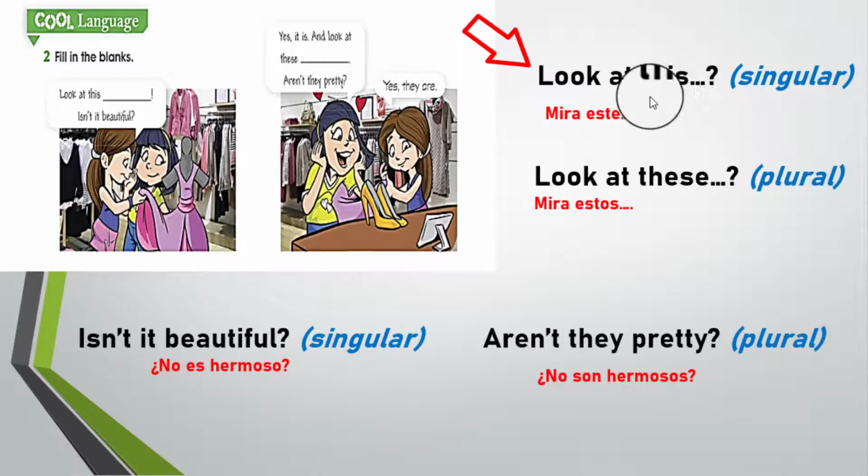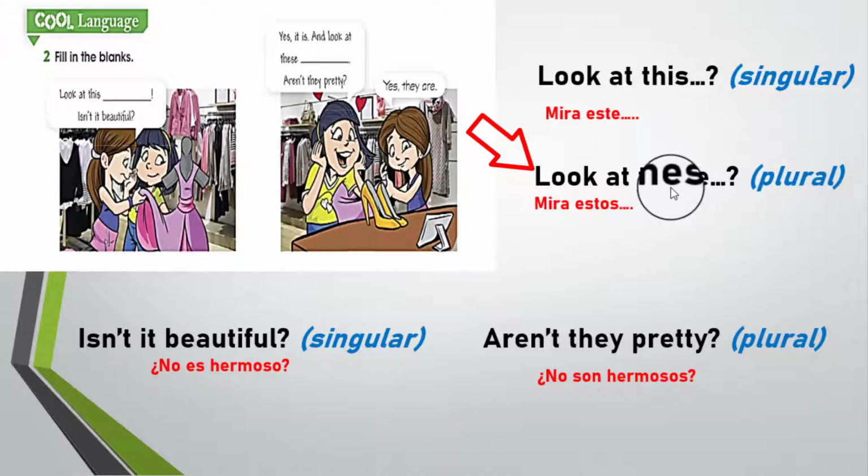Look at this television, ¿no? Ahí está, en singular. Ok, tenemos el look at this. Ok, por acá, pay attention. Look at this. Aquí alargo un poquito la I para decir this. Aquí es this, a secas. Aquí es this, ¿no? Look at this.